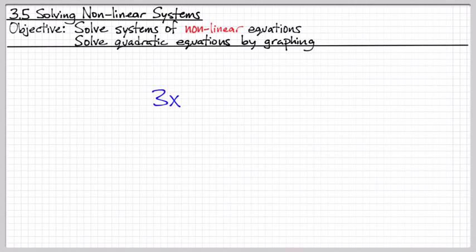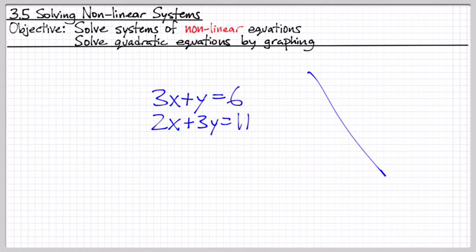Now, let's just start by talking about this. Remember when we had something like 3x plus y is equal to 6, 2x plus 3y is equal to 11. We had different ways of solving this. We can graph this, and where the lines intersect, we have a solution.